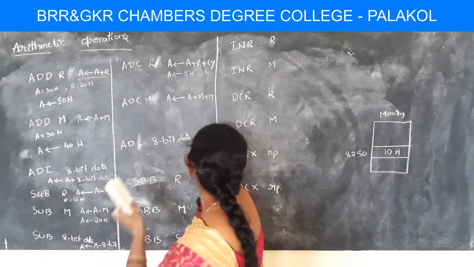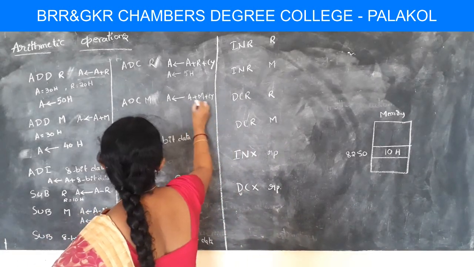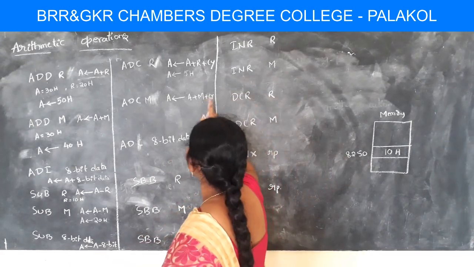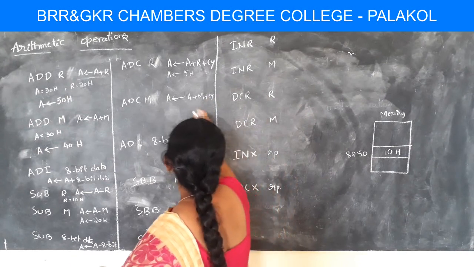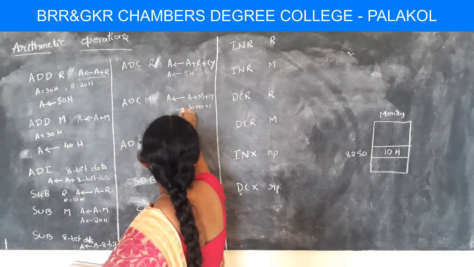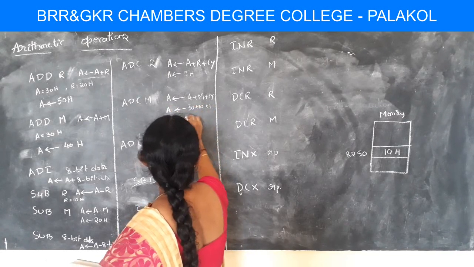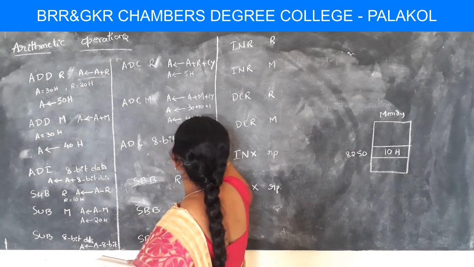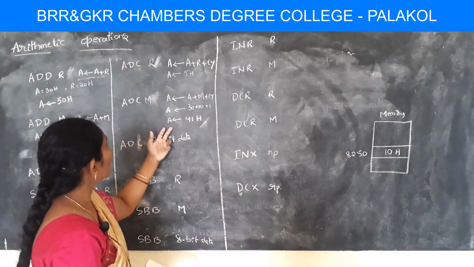A is 30, M is 10 and carry is 1, so 30 plus 10 plus 1 is stored in the accumulator. Therefore the result is 41H, and the 41H is stored in the accumulator.